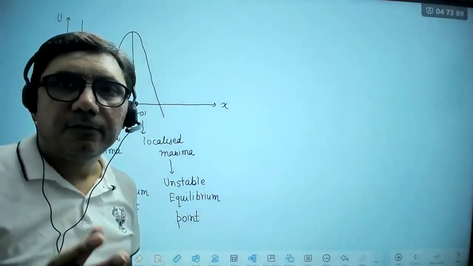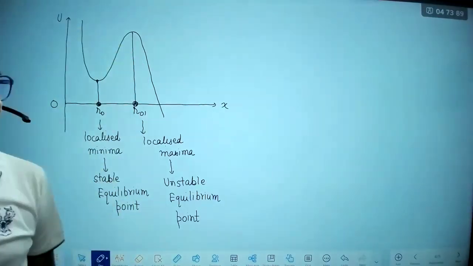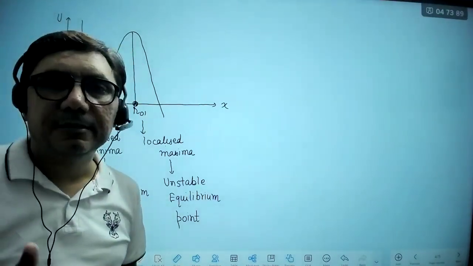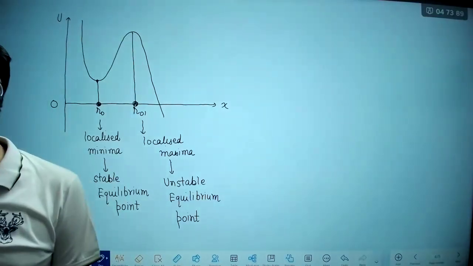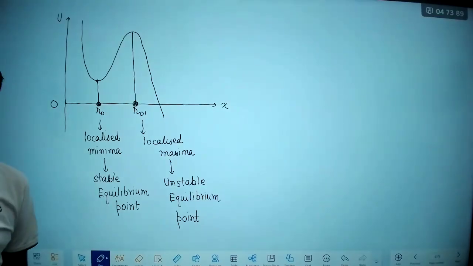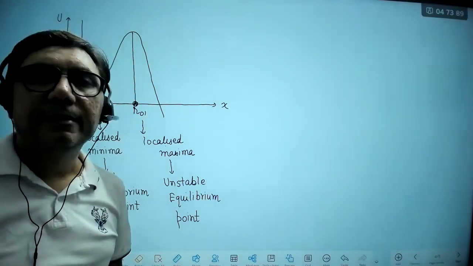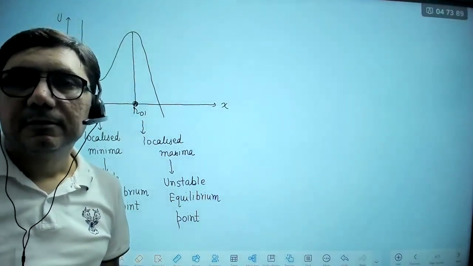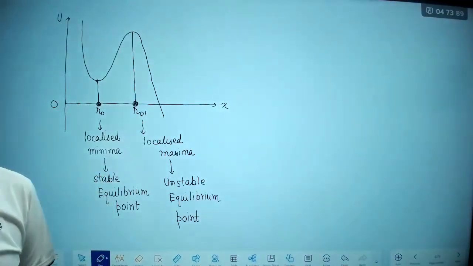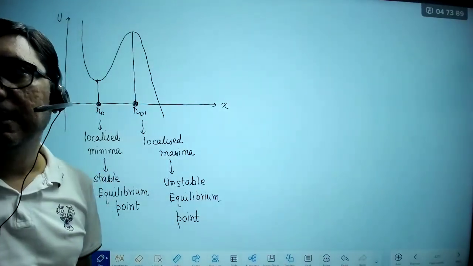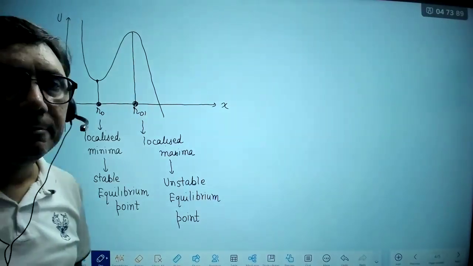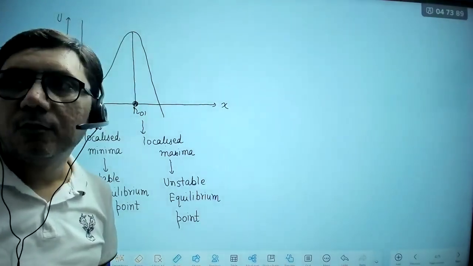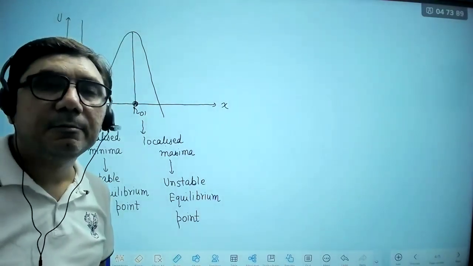Okay, please write. If we plot potential energy as a function of x, then we will find localized maximas and localized minimas.